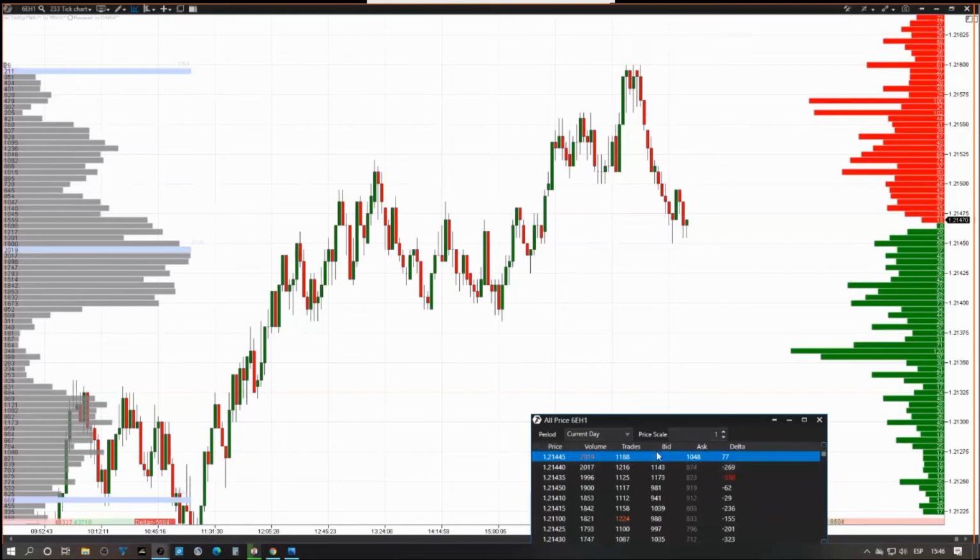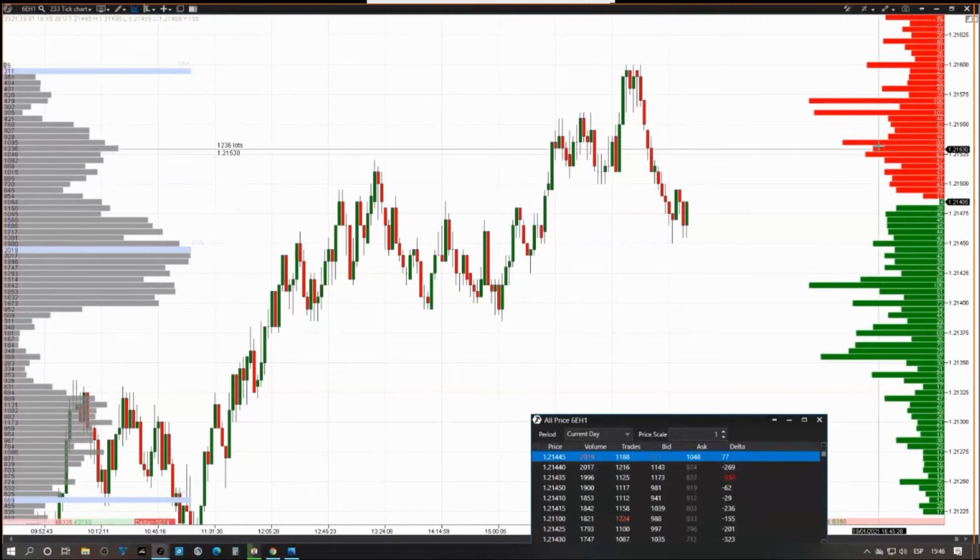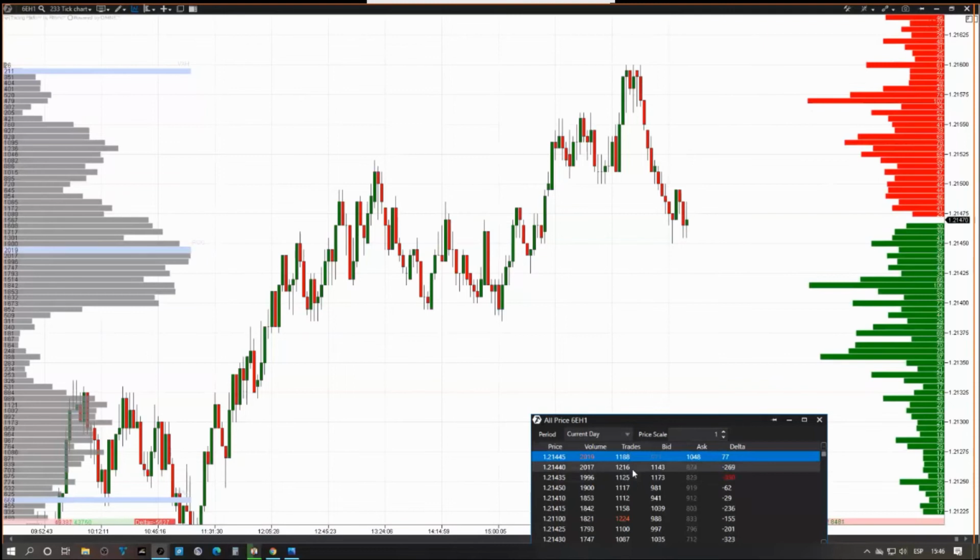You can see 1,048 ask, meaning the pending orders were taken on this side. So the difference between the buyers and the sellers is 77. Not that much. Earlier it was negative, now it has become a positive delta.